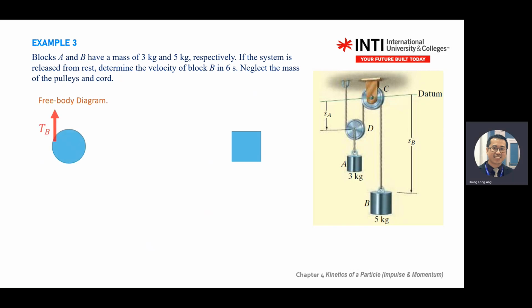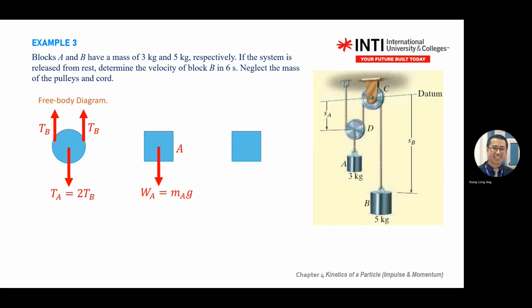Draw the free body diagram. For the first object, I draw a circle because this pulley is tied to A. No matter how short the length between A and the pulley is, it will not change anything. So my free body diagram for A will be: my tension cable going down is TA, and I have 2TB. So A will have WA equal to mg going down, and going up is 2TB.